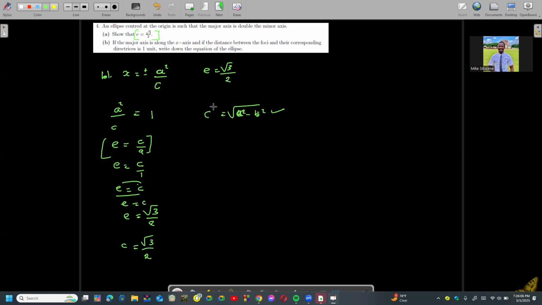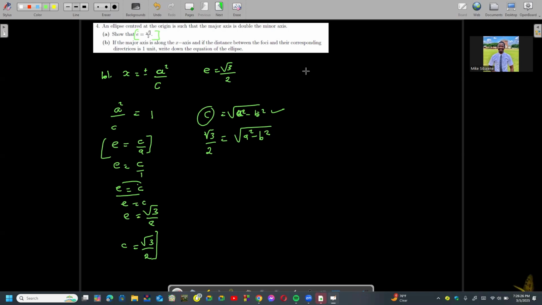So where the c is, we're going to replace it with this value. We get the root of 3 over 2, which is equal to the root of a squared minus b squared.